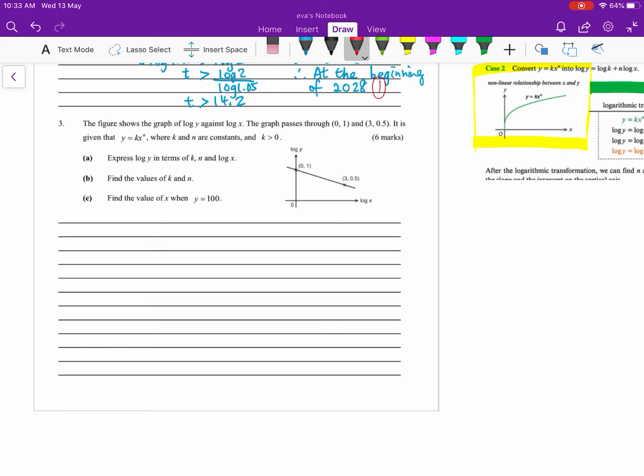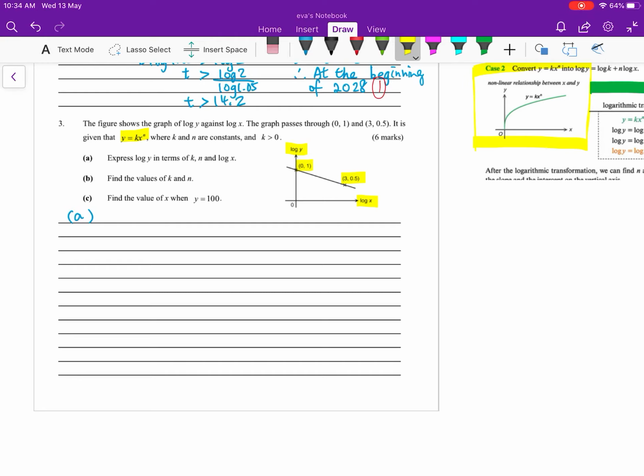So this time we have to do the transformation of the log equation for the power. First, we can see this is a log y to log x graph, passing through (0, 1) and (3, 0.5), and it is given y equal to k x to the power of n.